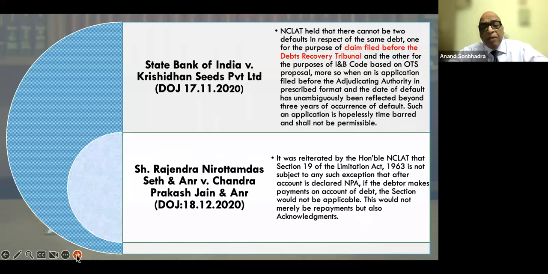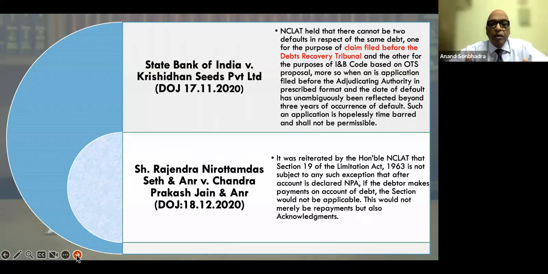But any payment made on account of debt subsequent to it becoming NPA is an acknowledgement, provided, as we saw earlier under Section 19, that it is paid within the limitation period.